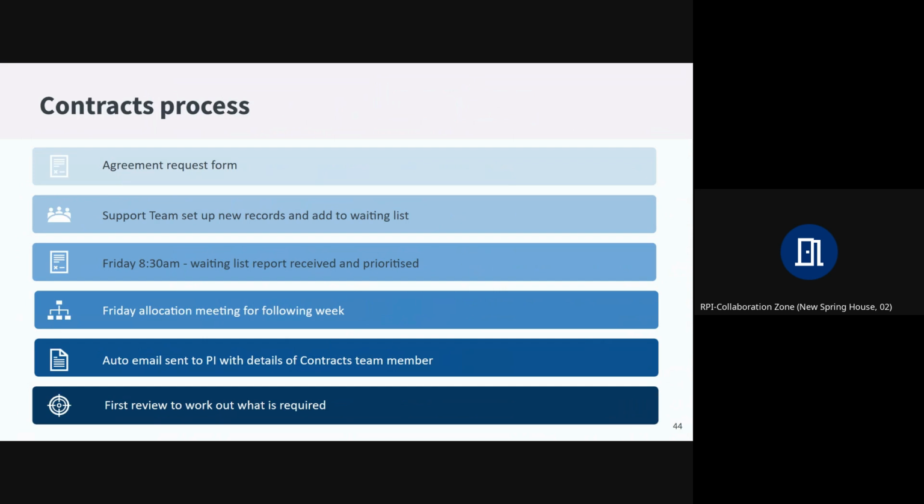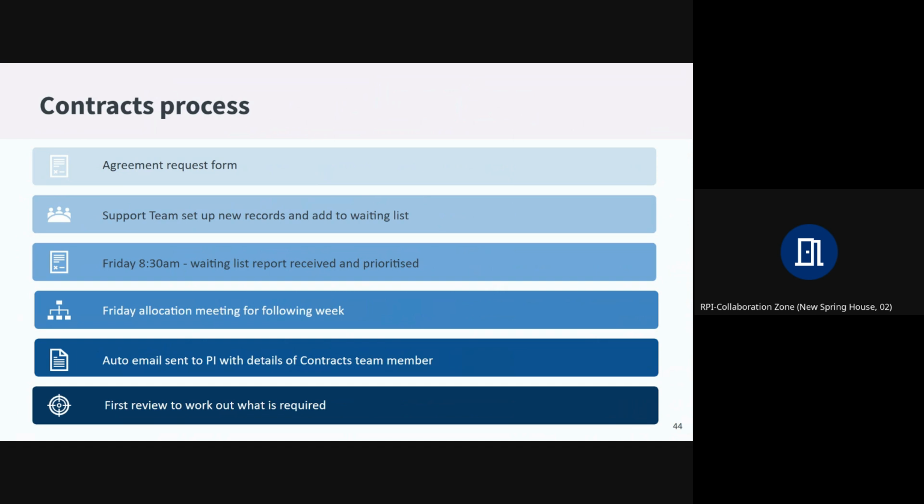When it comes to allocating work, you or your hubs will put in an agreement request either through the costing and awards tool or through a non-costed agreement route. The contract support team will look at that and allocate a core level to it. We have full definitions of each of those.